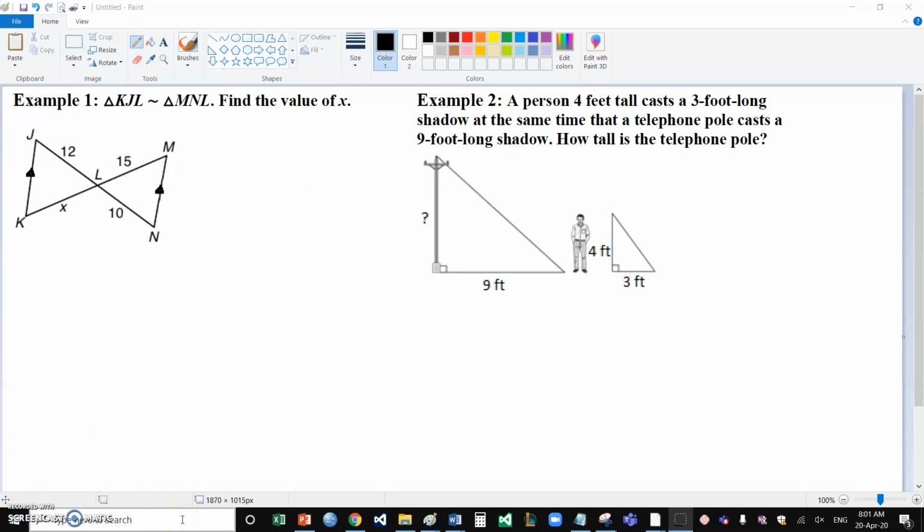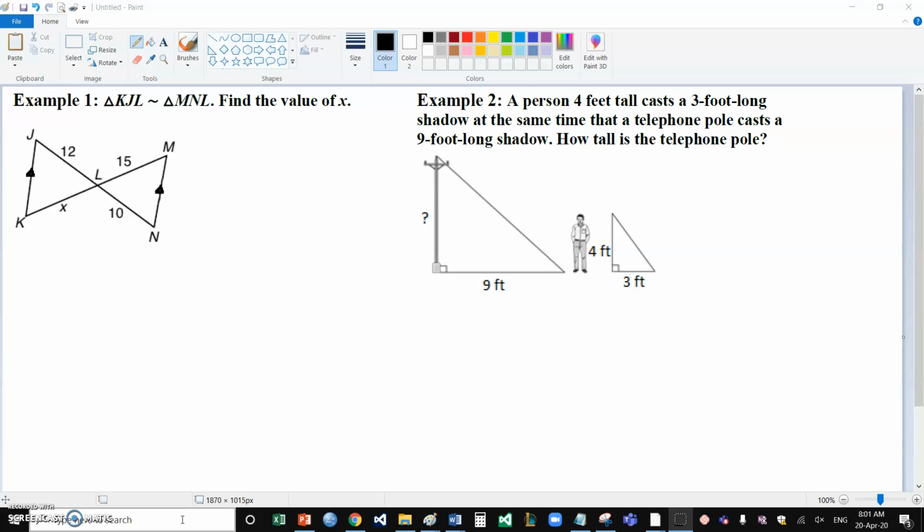Our first example, we have triangle KJL similar to triangle MNL. Find the value of x. From the properties of similar triangles, we know that sides are proportional.